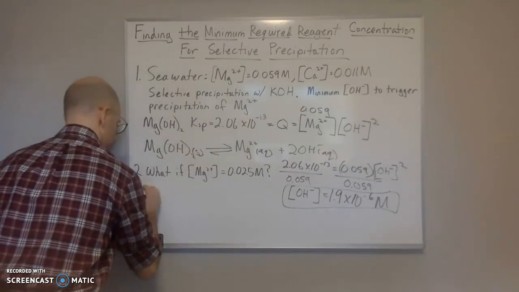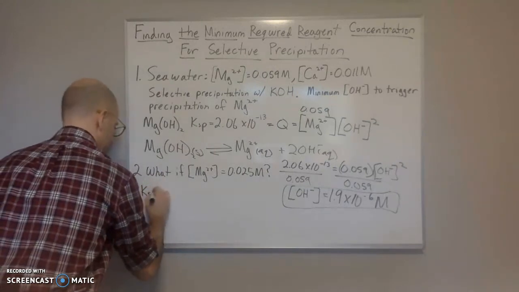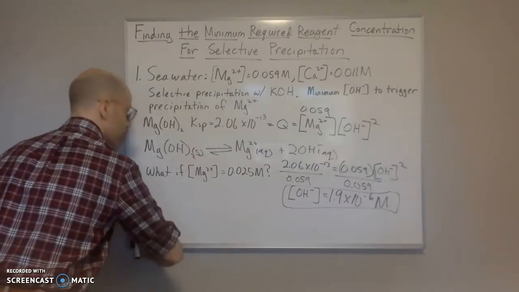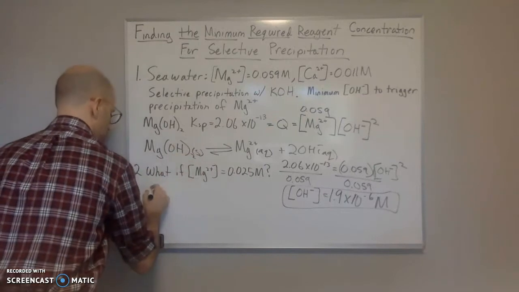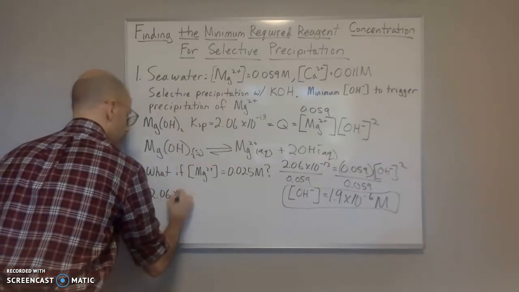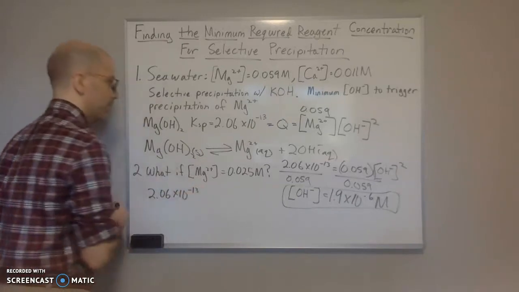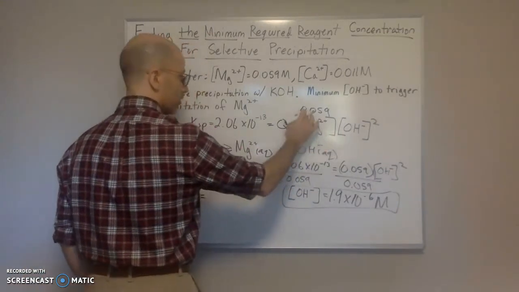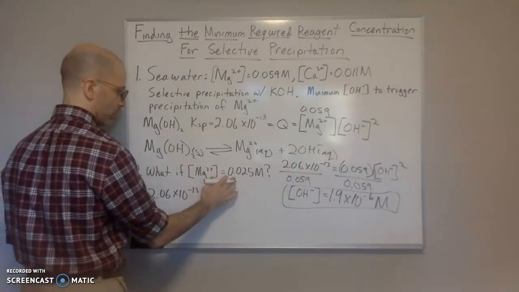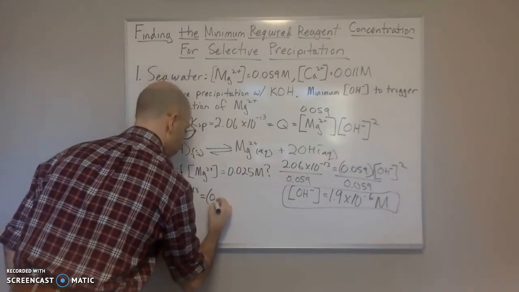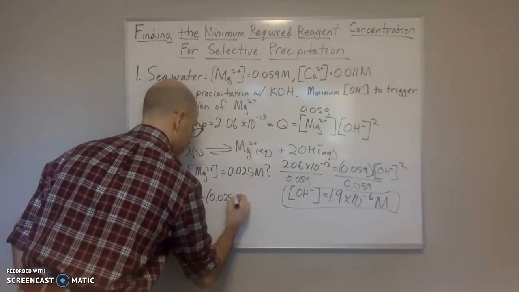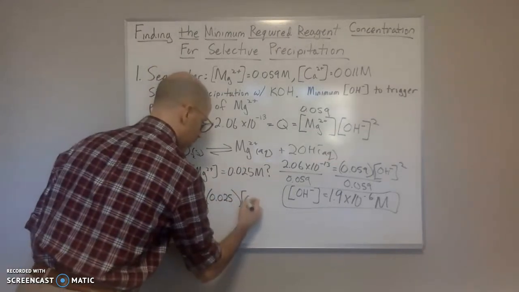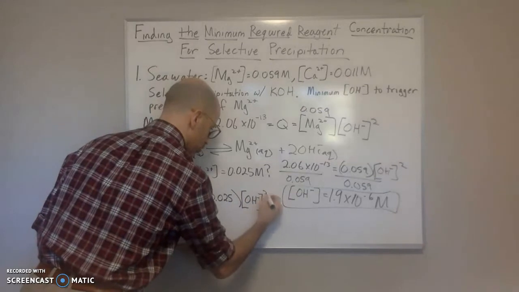So 2.06 times 10 to the negative 13 is going to be equal to the same expression, but instead of 0.059, we're going to have 0.025, multiplied by OH minus concentration squared.